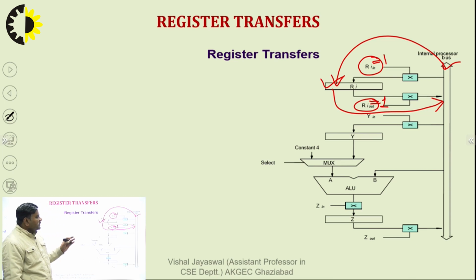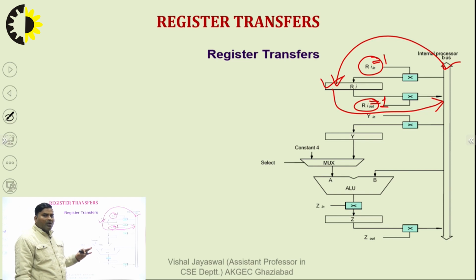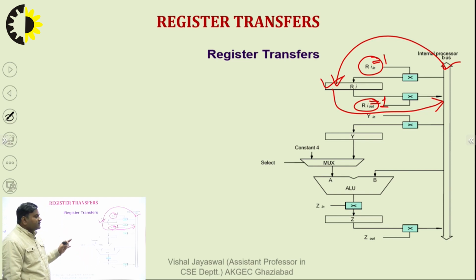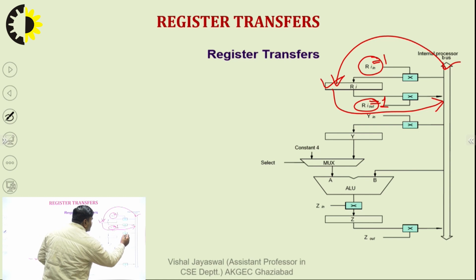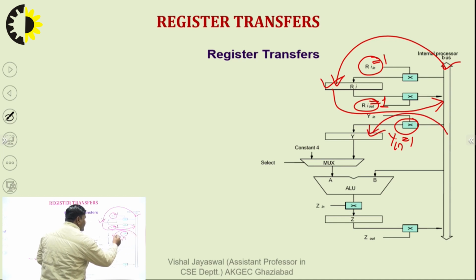This basic example applies to all the registers mentioned in the previous diagram, that is the single bus organization. Here we are going to use another switch for the Y register, that is Y in. If the Y in value equals 1, it means the content of the internal processor bus goes into the Y register.